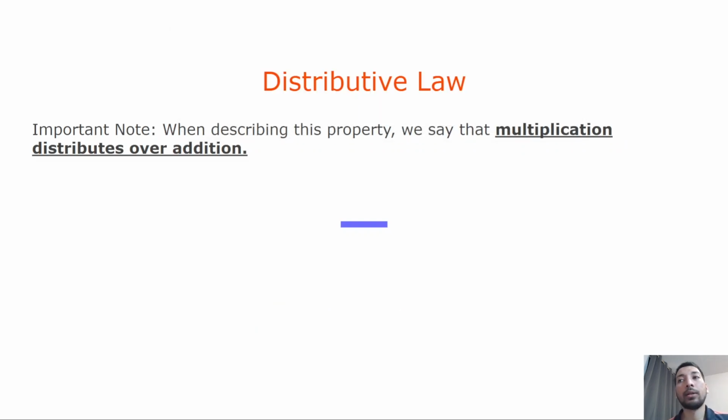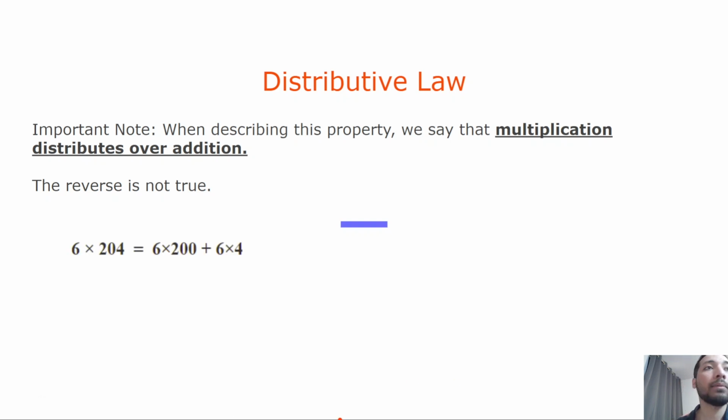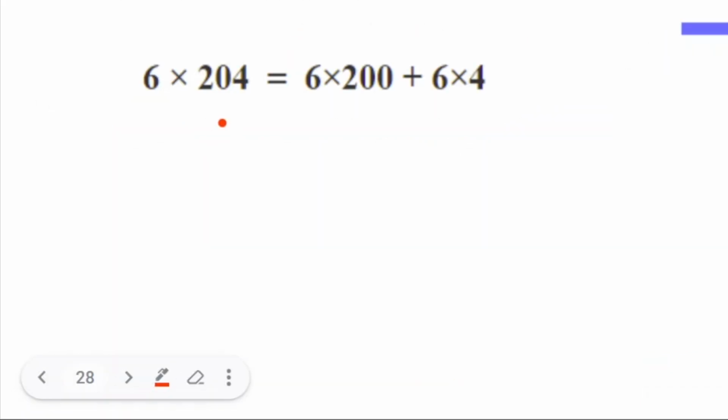Now, I want to share another important note: when you describe the distributive law, we say that multiplication distributes over addition. The reverse is not true. We don't distribute addition over multiplication. For example, we have 6 times 204 and we want to break this 204 into 200 plus 4.